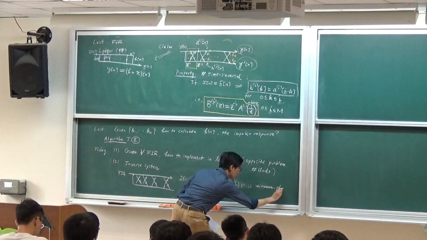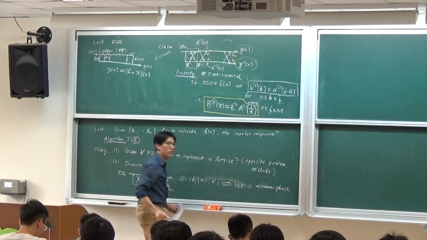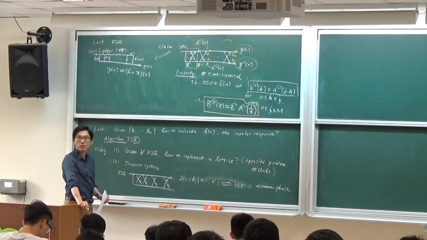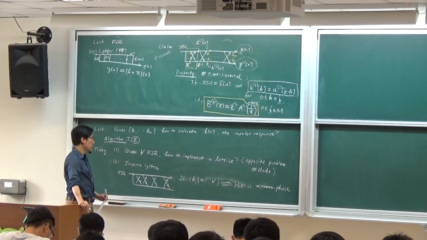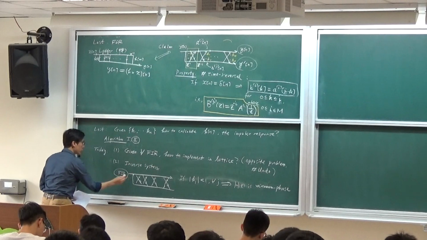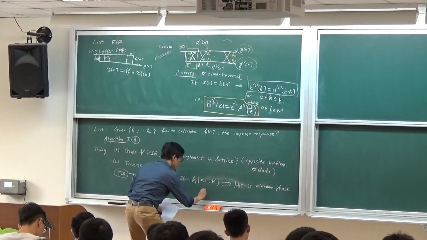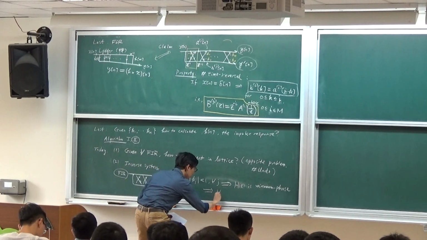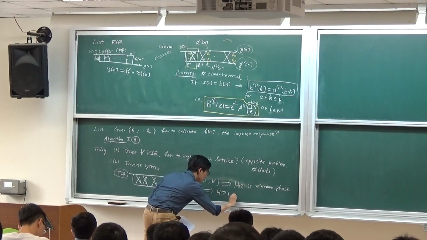And we know that a minimum phase system can be inverted in a stable manner, right? So if that happens, the system is invertible.